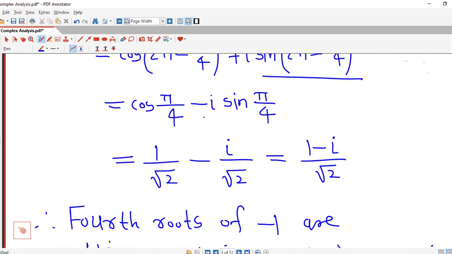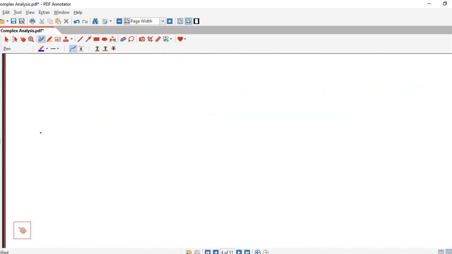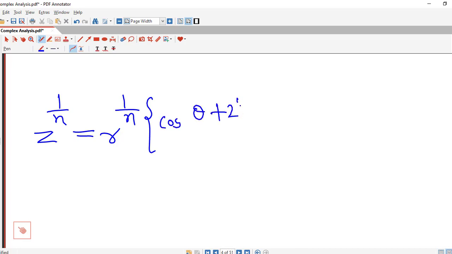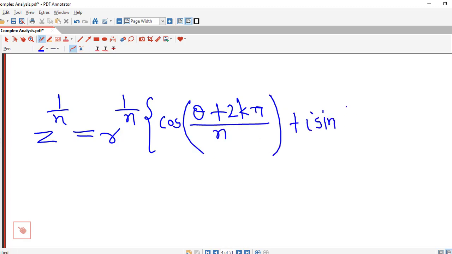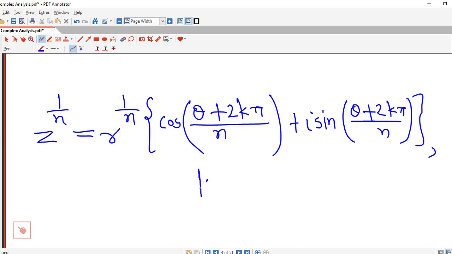We just have to remember this formula, that z raised to 1 by n, or the nth root of z, is given by r raised to 1 by n, cosine of (theta plus 2k pi) divided by n plus i sin of (theta plus 2k pi) divided by n, and possible values of k are 0, 1, 2 up to n minus 1.